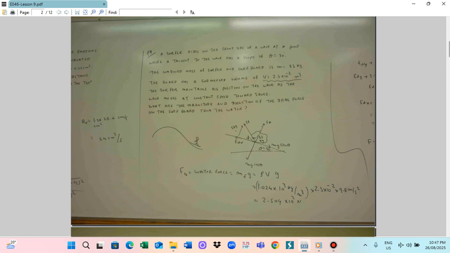Here rho is the density of the water, V is the volume of the water, and g is the gravity. So we substitute: the density of water is 1.024 times 10 to the power 3 kilogram per meter cube, the volume of the water is 2.5 times 10 to the power minus 2 meter cube, and the gravitation is 9.8 meter per second square.